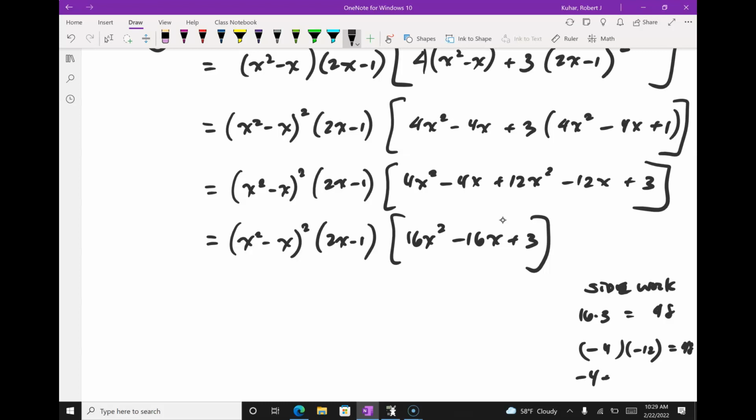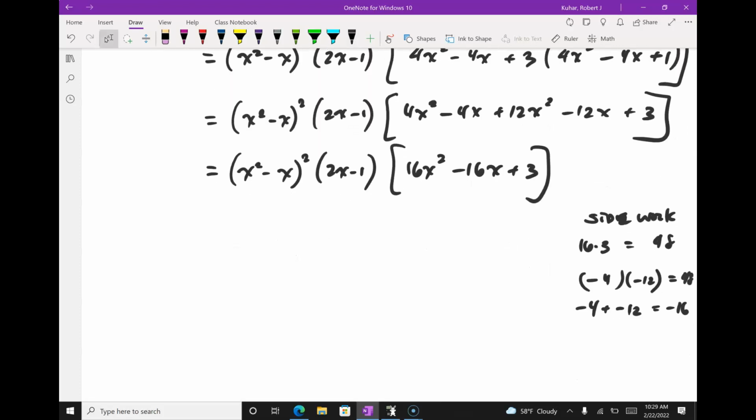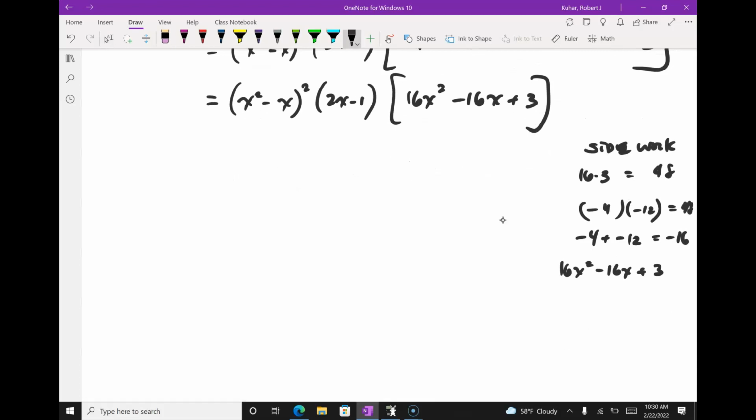And negative 4 plus negative 12 is negative 16. So I got it. I'm going to keep working on the side here: 16x squared minus 16x plus 3. And I'm going to split the middle term. So I get 16x squared minus 4x minus 12x plus 3. I got a common factor of 4x and a common factor of negative 3.